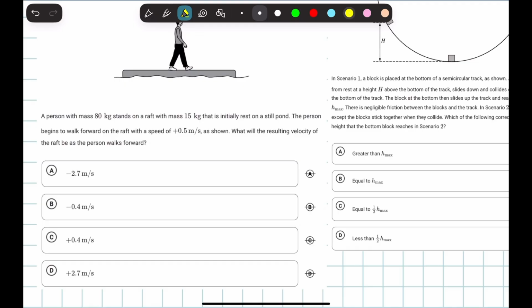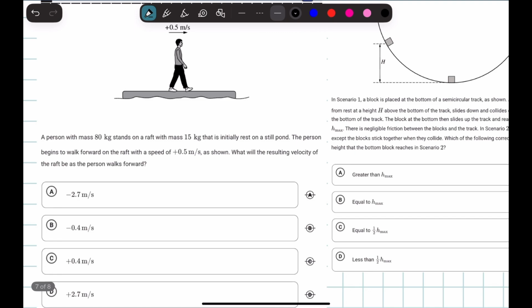So the person's mass, I'll just put it up here, MP is equal to 80 kilograms. The raft is going to be 15 kilograms.